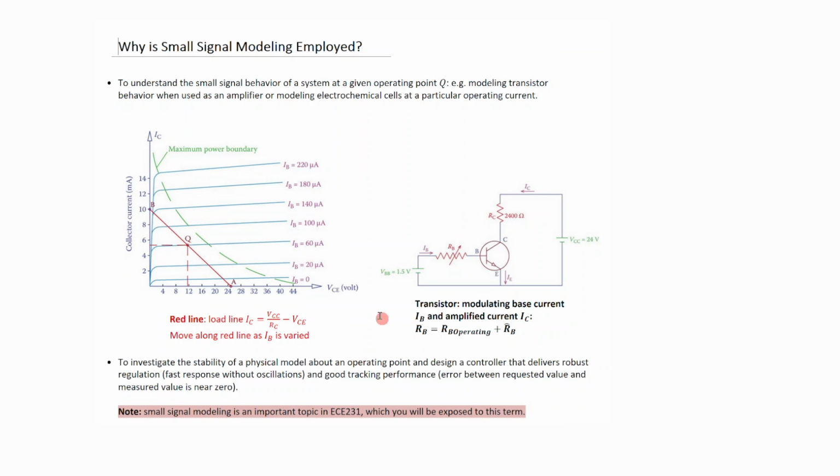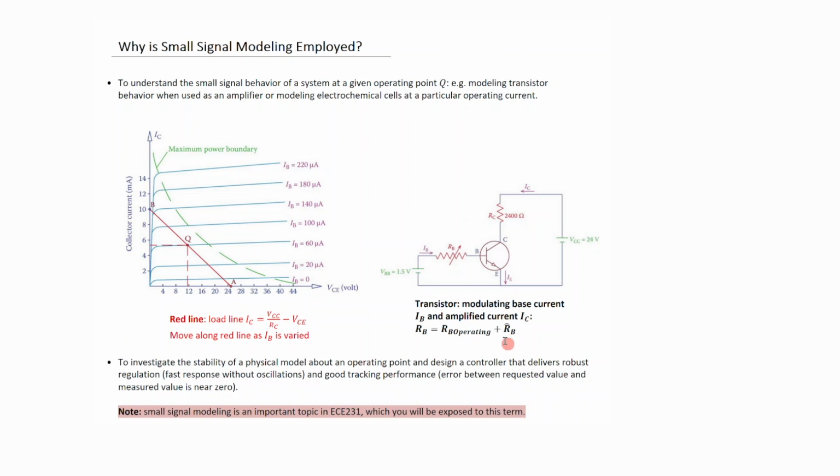And what we're going to be looking at is small signal modeling. That's equivalent to saying we're going to make small adjustments in this base resistance RB, as an example. So this would be the operating value, which we keep at its standard value, and then we perturb it up and down by a small amount.